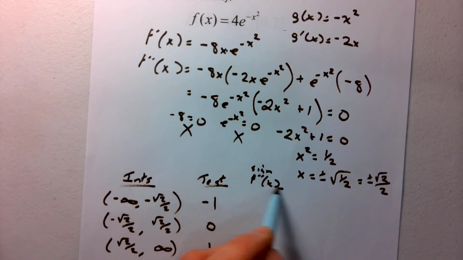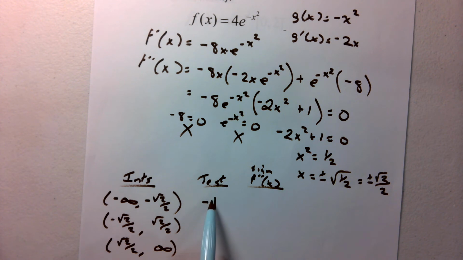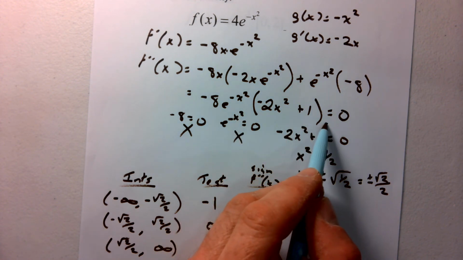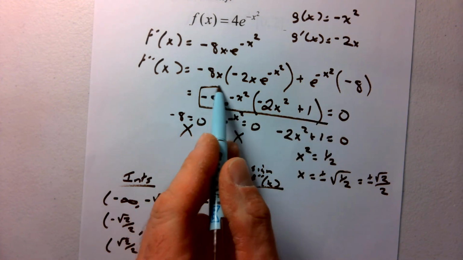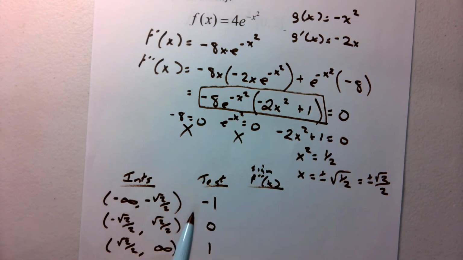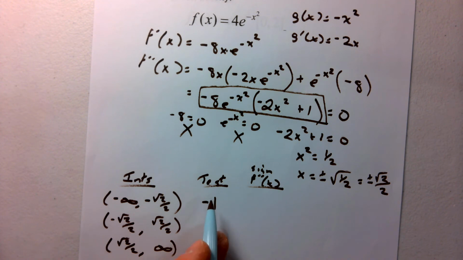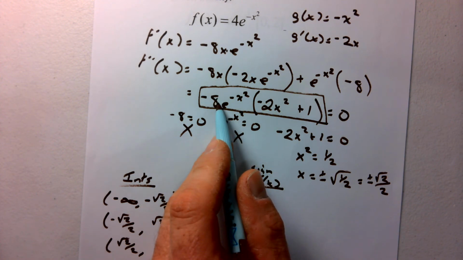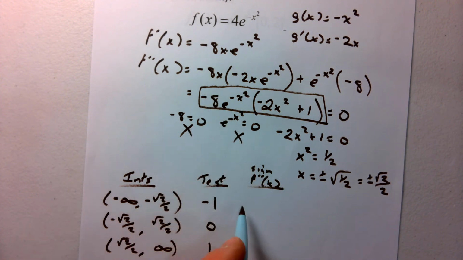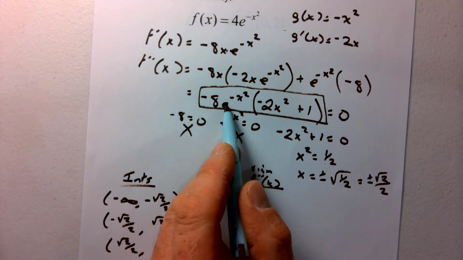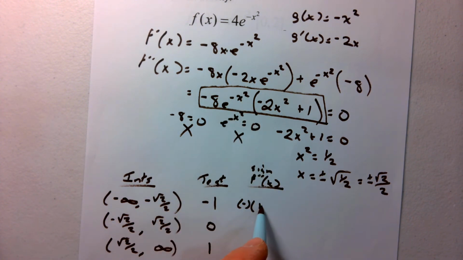So we plug in negative 1. Where am I going to plug this in at? I would go right up here to figure out my sign, because that's where I have all the things being multiplied together. So if I take negative 1 and plug it in, well, negative 8 is going to stay a negative. That doesn't matter. e to any exponent is going to be positive.